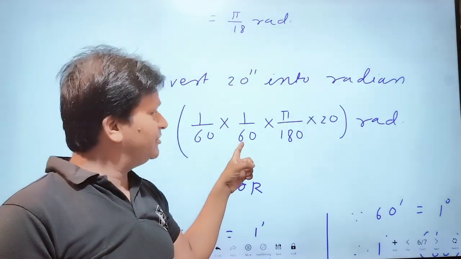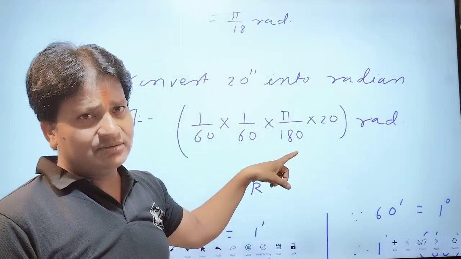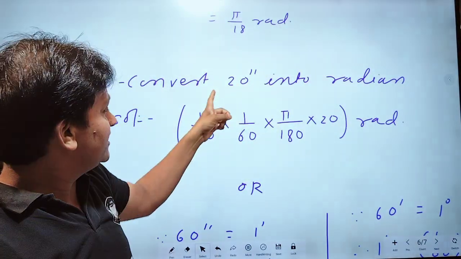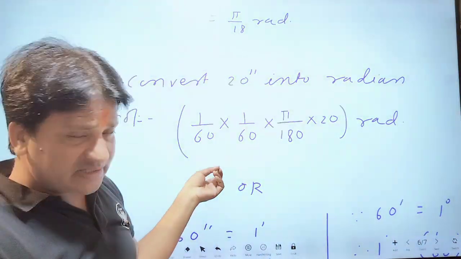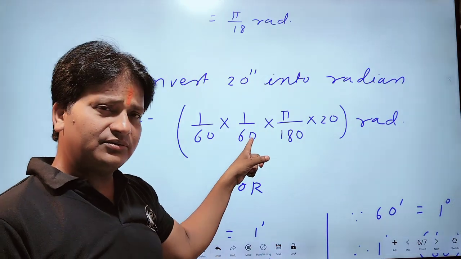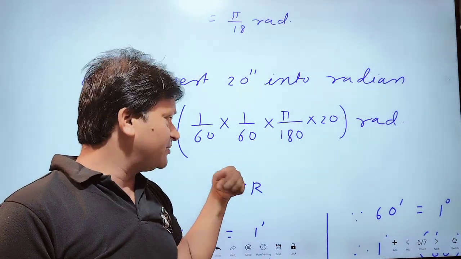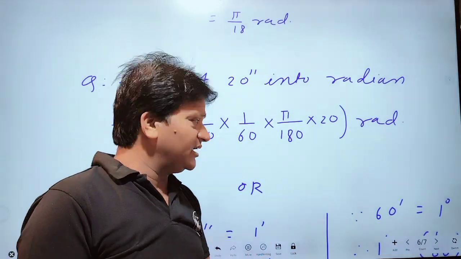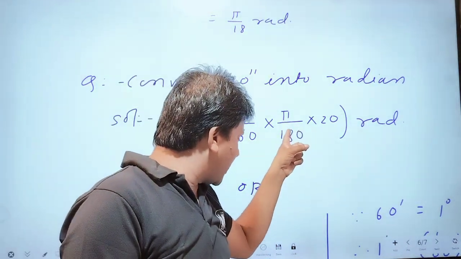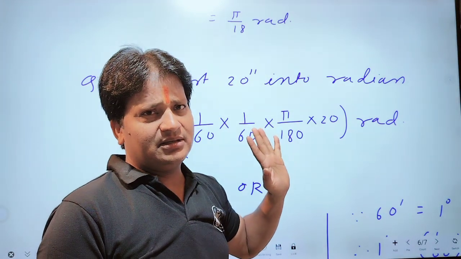Clear? Second is converted into minute by dividing by 60, and further minute is converted into degree by dividing by 60, and further degree is converted into radian by multiplying by pi upon 180.